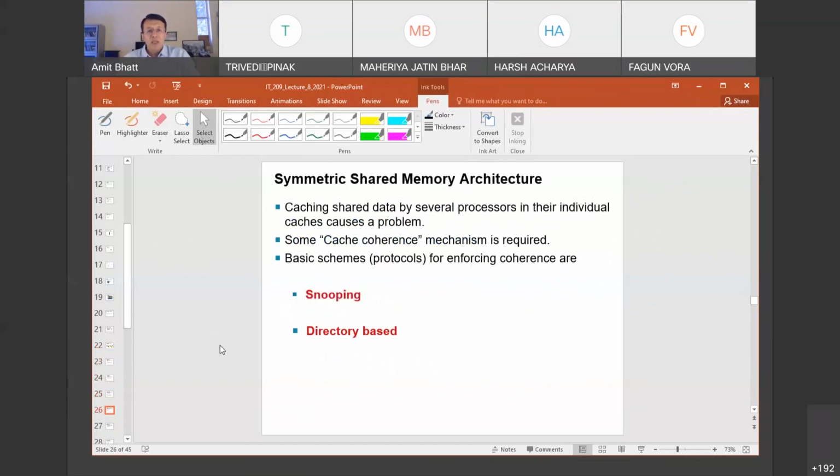Once again, why are we doing this snooping protocol? Because the only problem we have now is how to maintain cache coherence. Cache coherence means one processor has updated its cache. At what time would other caches have the same value?